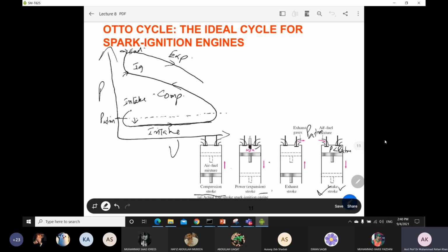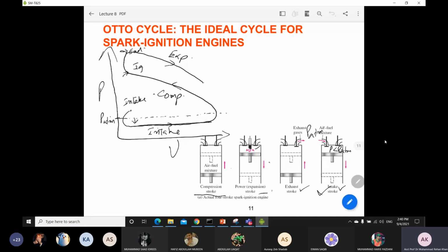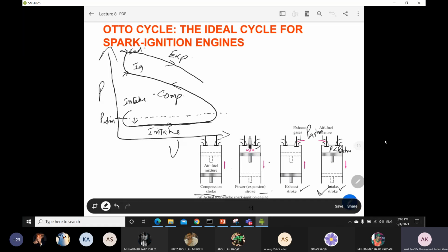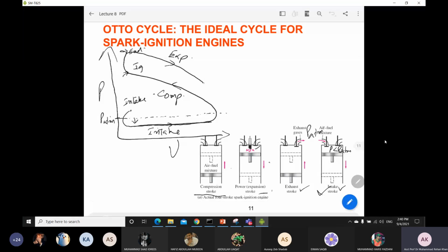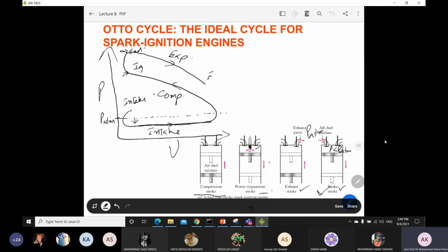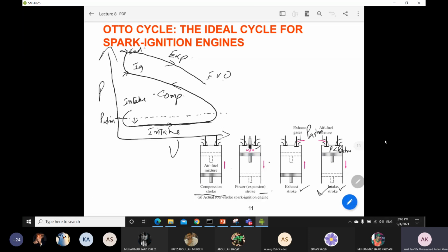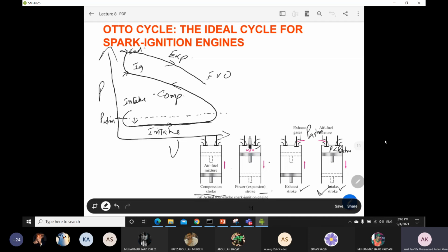Okay, and then after expansion there will be an exhaust stroke. It means that exhaust gases will exit after your combustion process, and it will happen just after your expansion. So you can say that this point is your EVO, exhaust valve open. Okay.